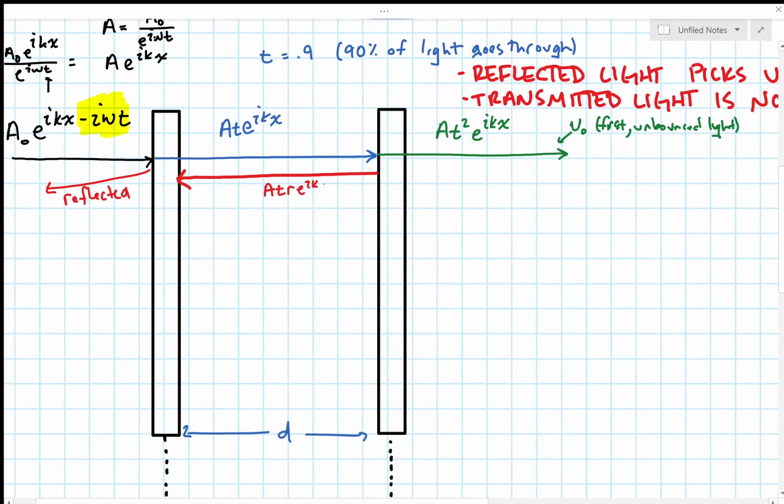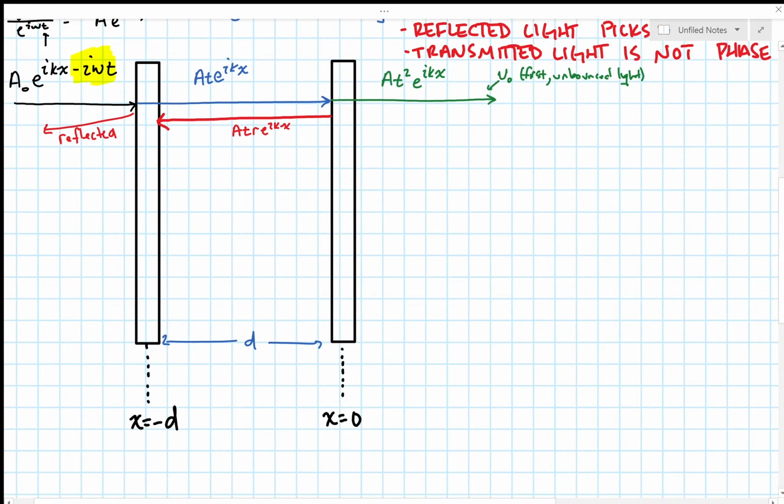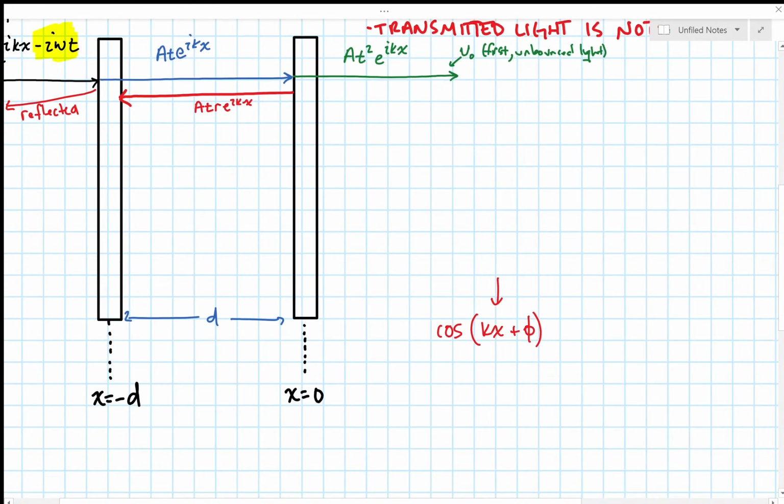We'll talk about the phase shift in just a second. A T R e to the i k x. And remember, we said a phase shift is like cosine of kx plus theta. Calculating phase shifts is really difficult in this formula. But if you think of it in e to the i k x terms, a phase shift is just some additional e factor. It turns out the phase shift that it picks up is e to the i k d, where d is the distance between the two semi-reflecting mirrors.